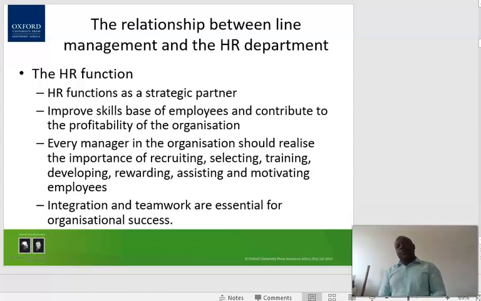So now I will look at the relationship between line management and the HR department. The HR department is that function in an organization that we can see as a strategic partner. So it is the function in an organization that deals with human resources issues.